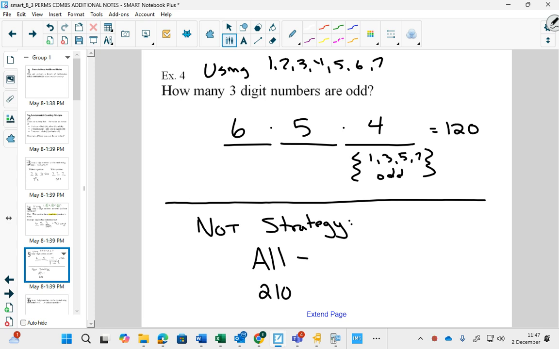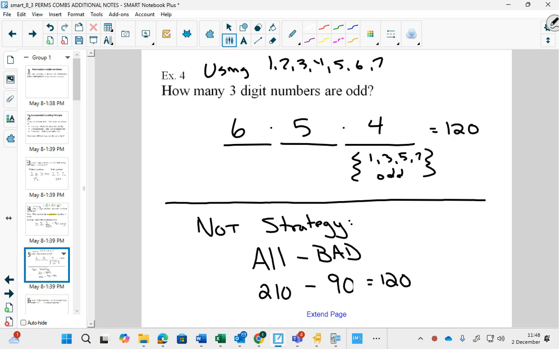And the not strategy, sometimes it's going to be easier to count the bad ones. The bad ones in this case, if you want the odd ones, the bad ones are the even ones. Do you see that we counted that in example 3? So if you take all of them and subtract the bad ones, what are you left with? 120 as well, using another strategy.